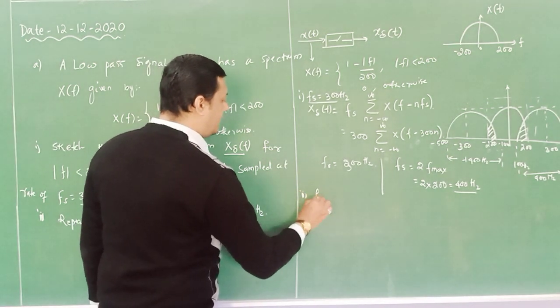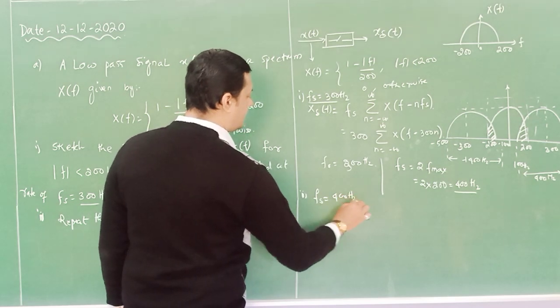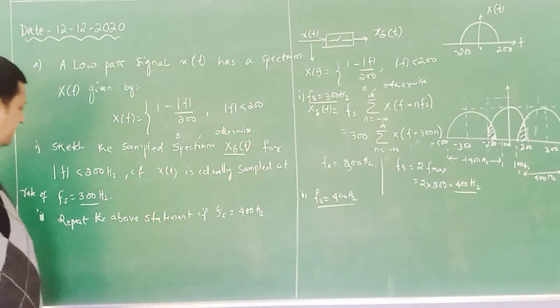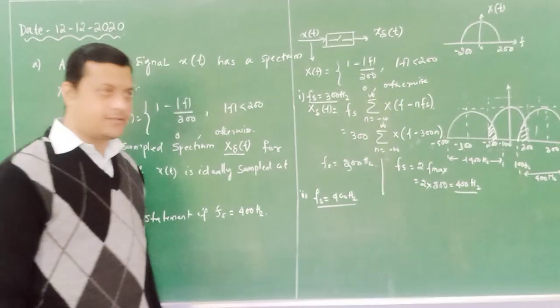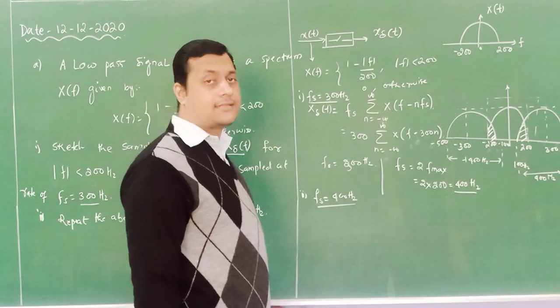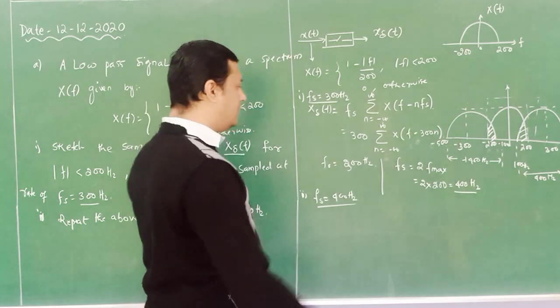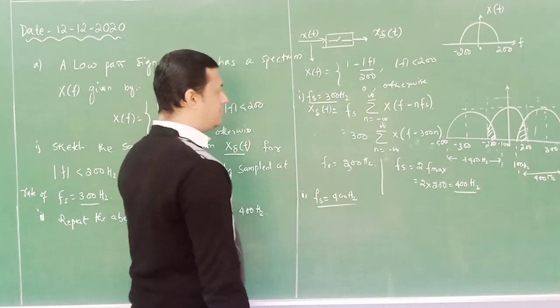Second, now if the sampling frequency is 400 Hz, as per the given statement, repeat the above statement if it is sampled at 400 Hz. Yes, now if it is 400 Hz, we can easily extract our information. How? Let's see. Now fs is equal to this.